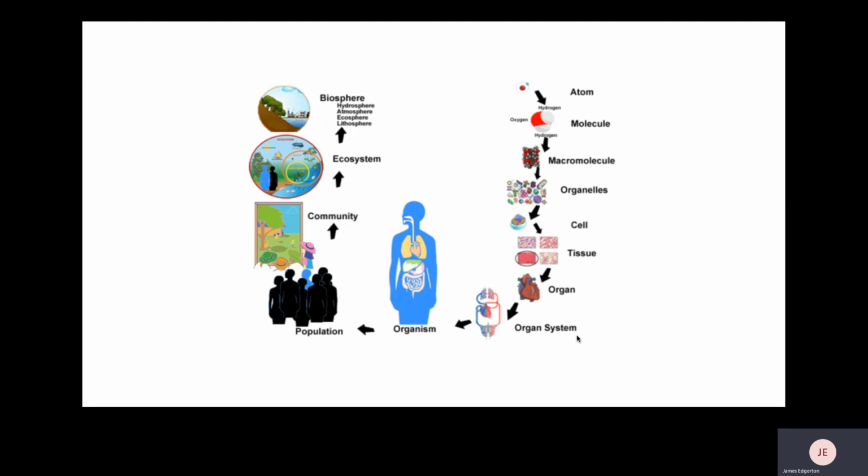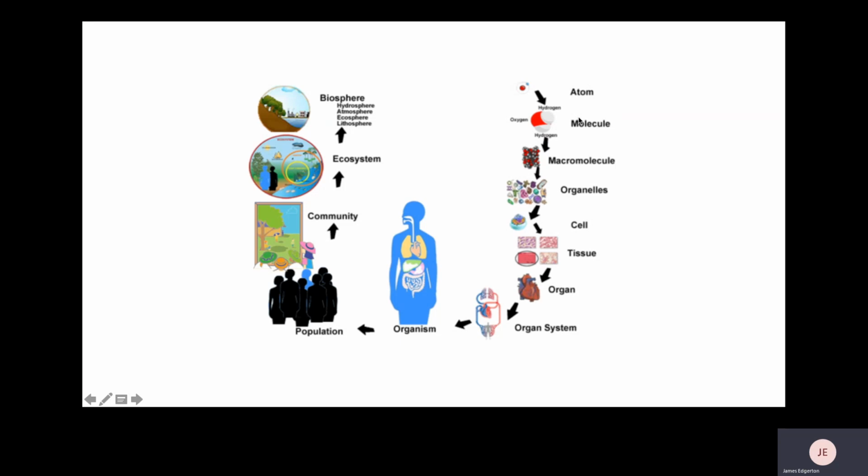Here, organization of life. This is the other part of the test you're going to be getting. This is how life is organized, starting from the atom, the smallest particle of life that can't be broken down unless you're doing a nuclear experiment of some kind.